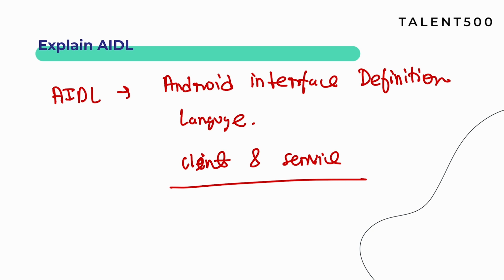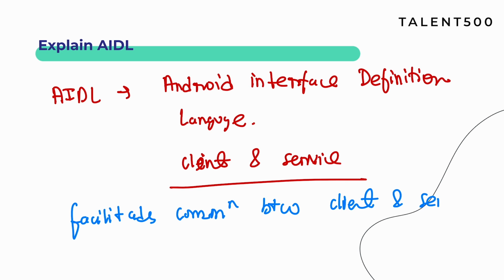Basically, AIDL, Android Interface Definition Language, facilitates the communication. You can just say a simple one-line answer for this: it facilitates communication between the client and the service. No need to go too deep into this one.